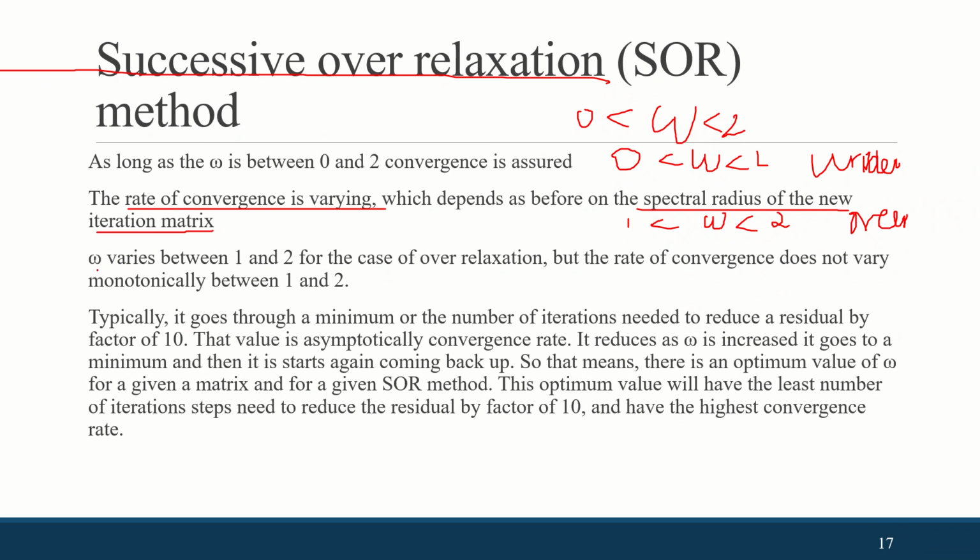Omega varies between 1 and 2 for the case of over relaxation, but we cannot say that as omega goes from 1 to 2... if it is 1, it is the normal iterative technique. But if it is going from 1 to 2, we cannot say that the rate of convergence would go from 1 to 2. That is, it is not twice that of the normal technique.